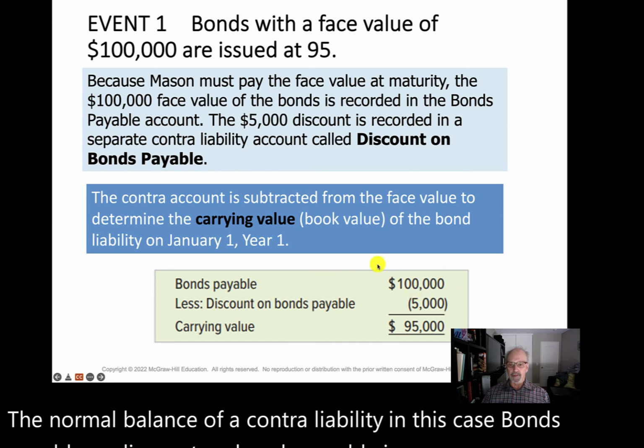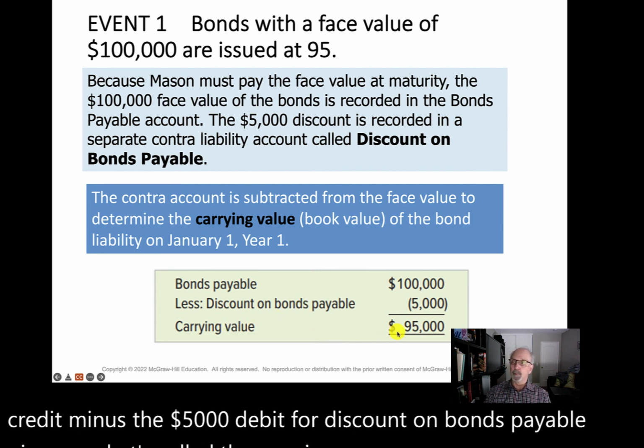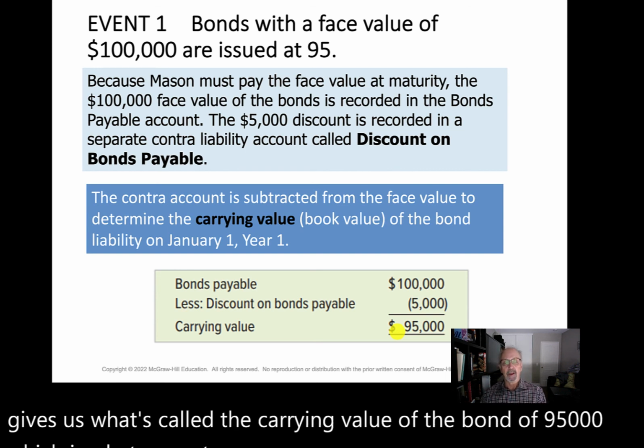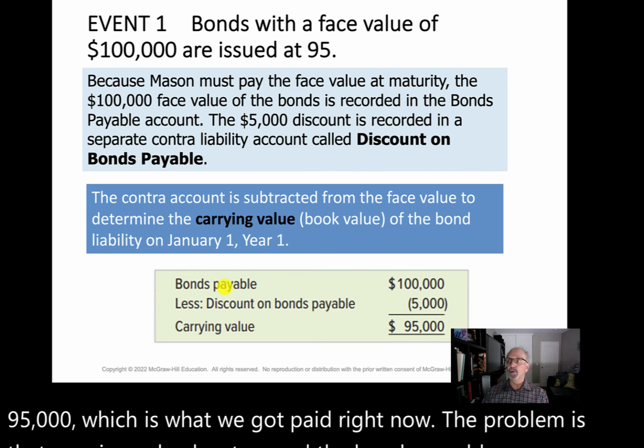So the $100,000 credit minus a $5,000 debit for discount on bonds payable gives us what's called the carrying value of the bond of $95,000, which is what we got paid, right? Now the problem is that that carrying value has to equal the bonds payable account by the time it matures.